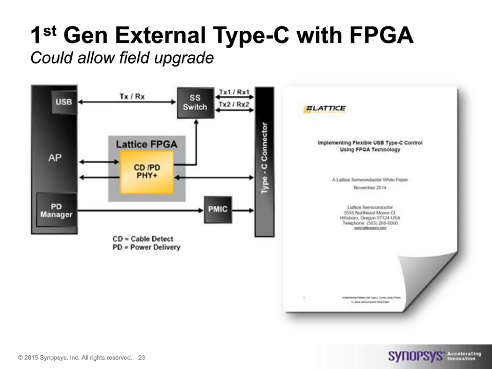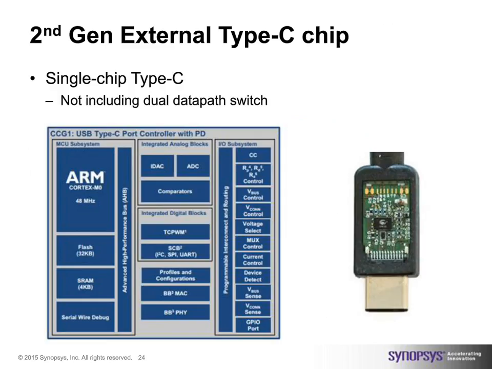And here we have a second generation external Type-C chip. And you can again see that the flexibility is very important. You have a CPU with reprogrammable flash. You have programmable interconnects and programmable function blocks. So even if the Type-C spec is done, implementing it is not trivial, and having the flexibility of reprogrammability is a very useful feature.